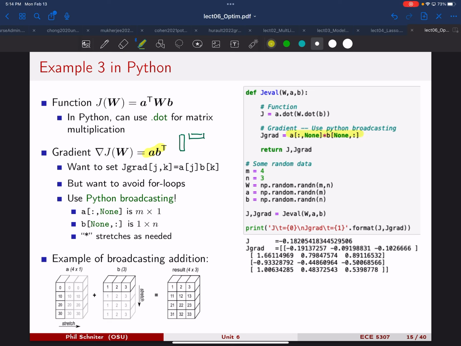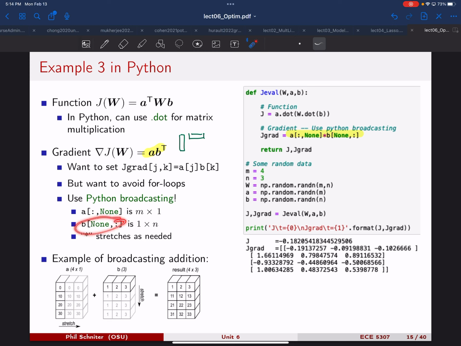In Python, this is just like a list of numbers. We're actually telling it here, no, this is a column vector. This is a two-dimensional quantity rather than just a one-dimensional quantity. And then for this B transpose, we're saying something similar: let's make a two-dimensional quantity out of that.